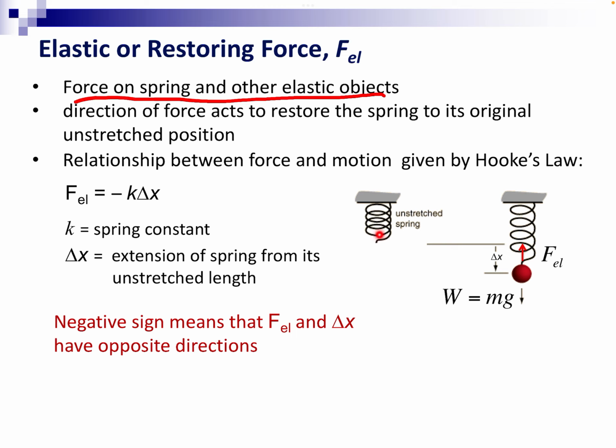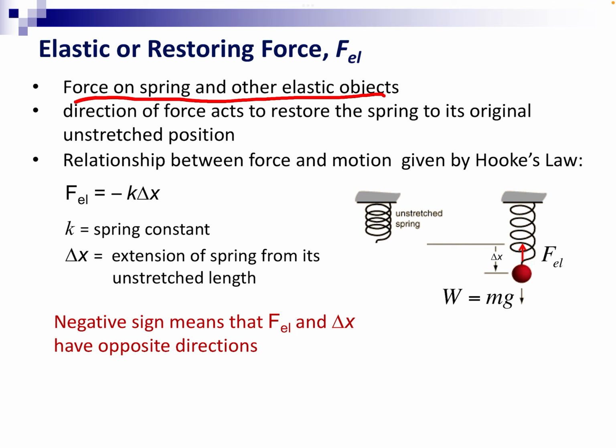So let's look at this illustration here. You have a spring. It's originally unstretched. If you hang a mass at the end of the spring, of course, we know weight force will pull on this mass downwards, and that causes the spring to be stretched. Okay.